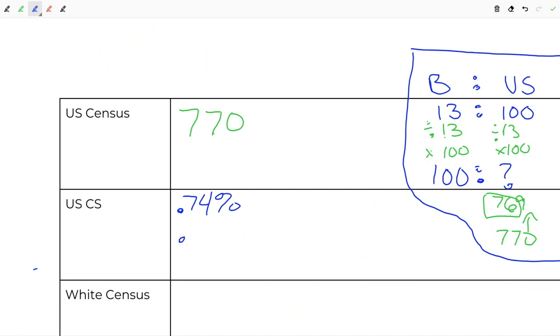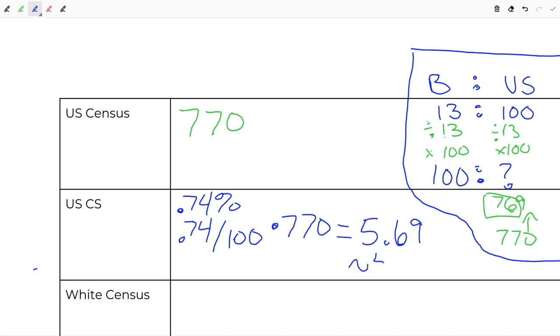So 0.74 out of 100 people on our lawn, so times 770, are in our criminal justice system. So this is 5.69, which turns into 5.7.